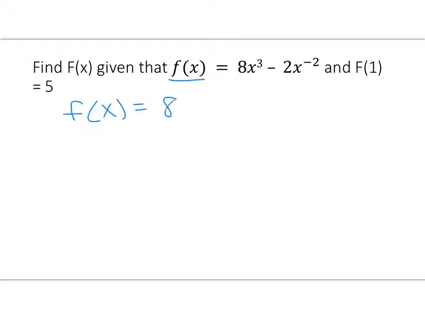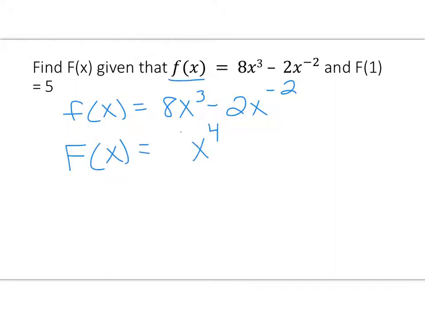So this is 8x to the third minus 2x to the negative second. So to get my antiderivative, I'm doing the opposite of my power rule. So the exponent's going to increase by 1, and then I have to divide by that exponent. So this is minus 2 because that's a constant.